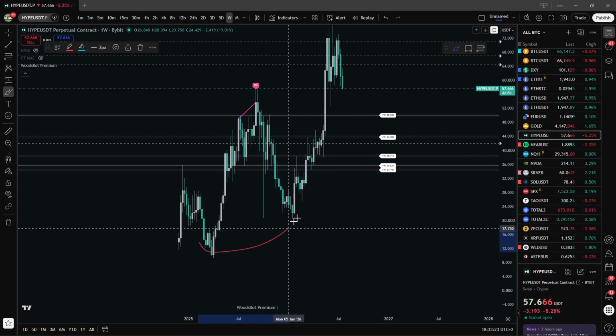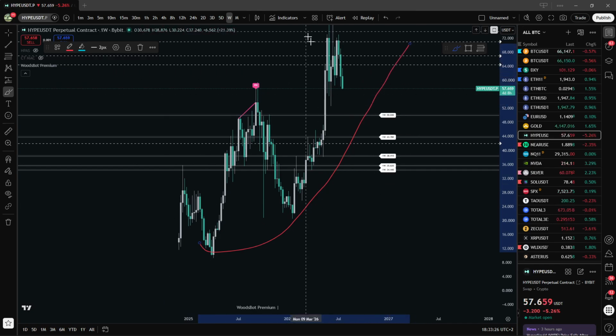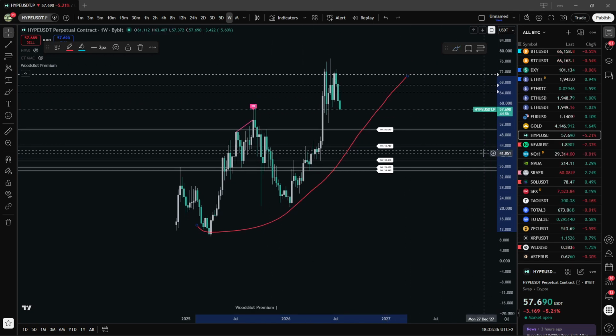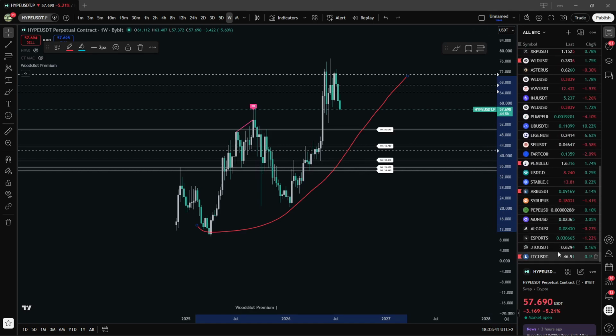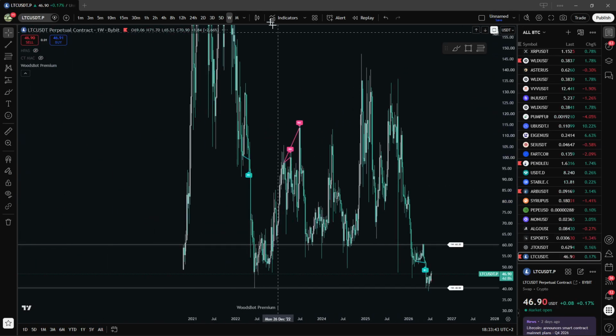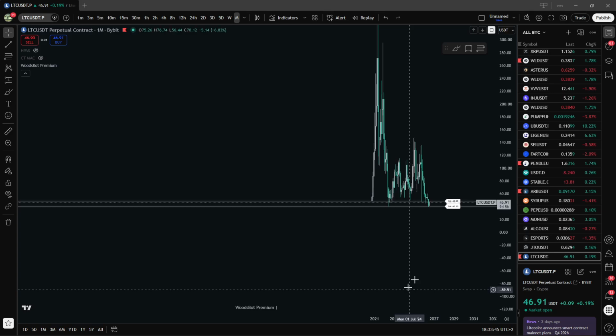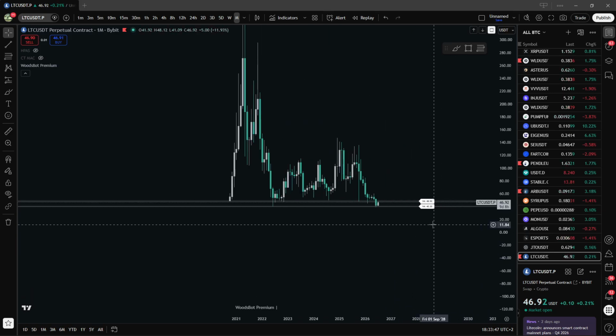Even though now it's in a downtrend on daily, it's still trending on the higher time frame. You want to invest into coins that are actually trending up, not coins that are not. And this is definitely not trending up. This just looks slow and dead to me.